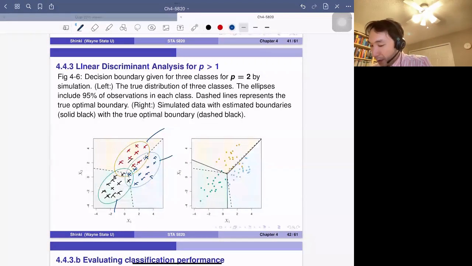Then we can decide the boundary. So here, at first, the left one is the correct decision boundary, the dashed line, the true one.